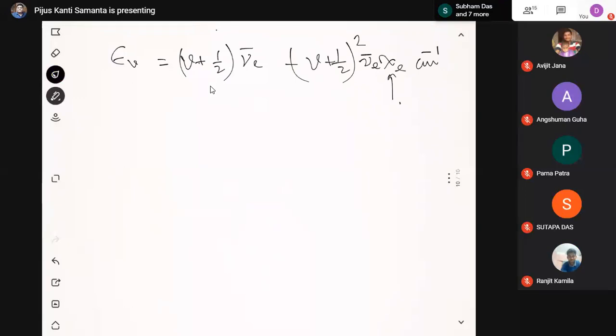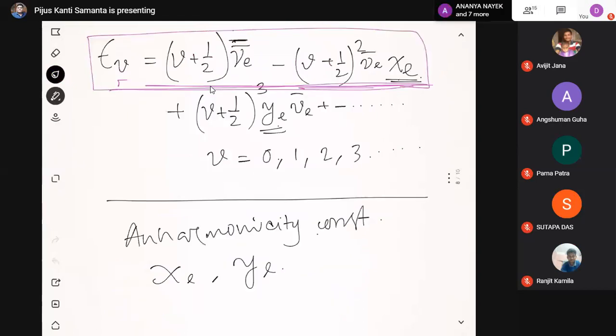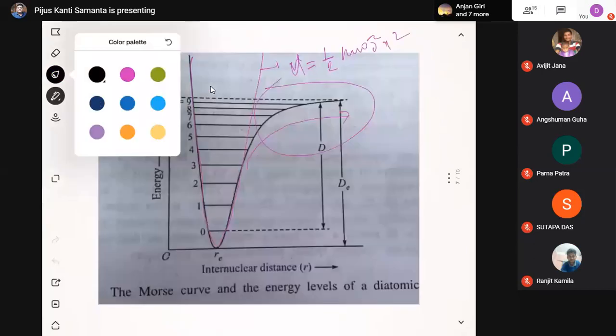What is the effect of this anharmonicity? This anharmonicity is basically the crowding of the levels. In the case of the one-dimensional simple harmonic oscillator, the energy levels are equispaced; the gap is the same. But due to this anharmonicity, the energy levels become crowded. If you go to higher values, you see that these energy levels are now crowded.